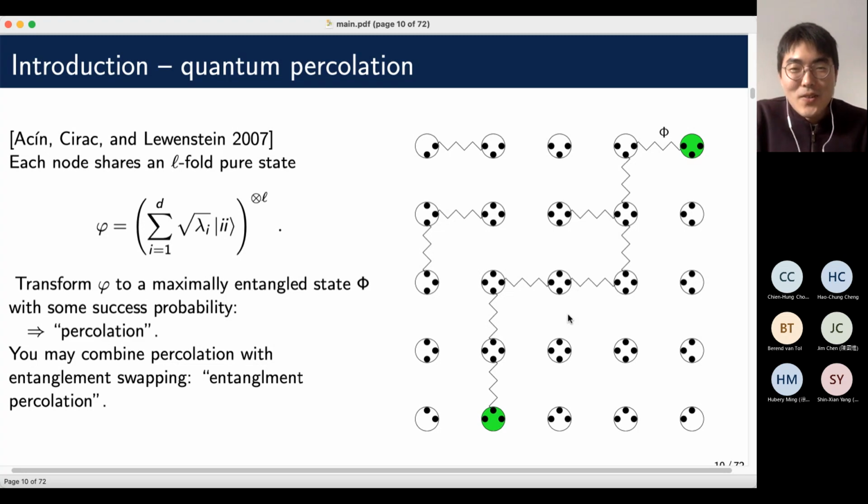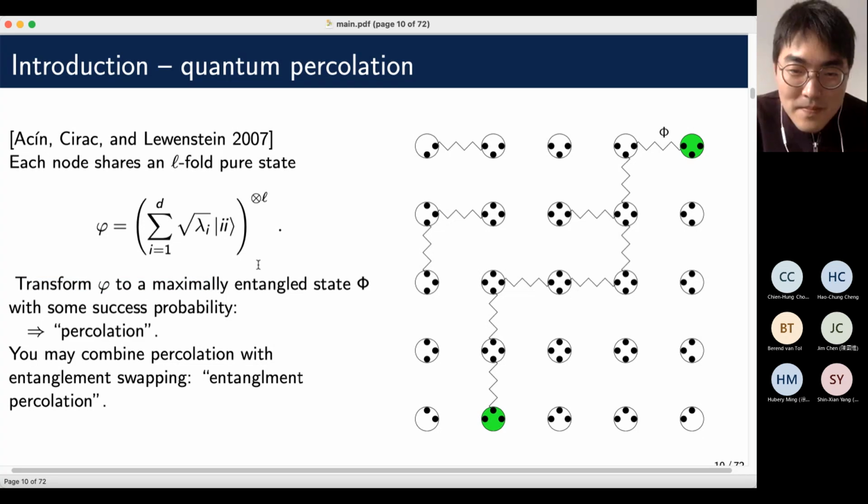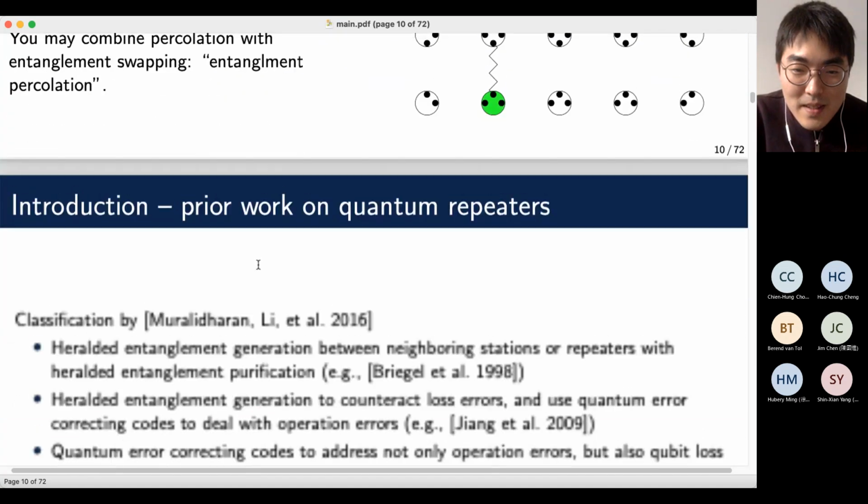But I will not really go into detail because this is a little bit different approach from ours, because here every operation is assumed to be perfect, but the sort of error source is just the shared, not perfect, not maximally entangled state. Okay.